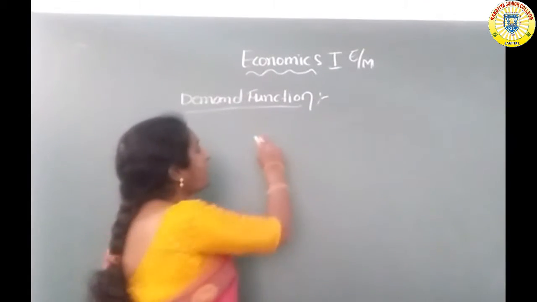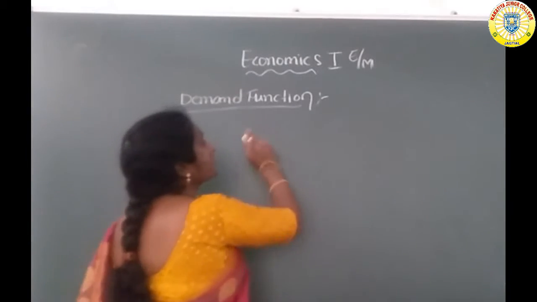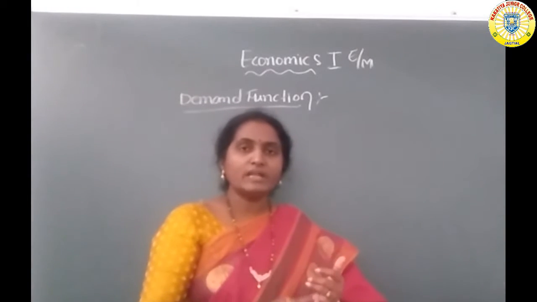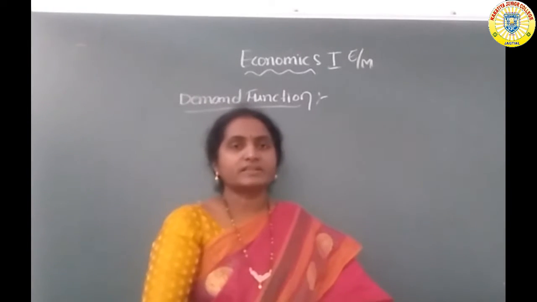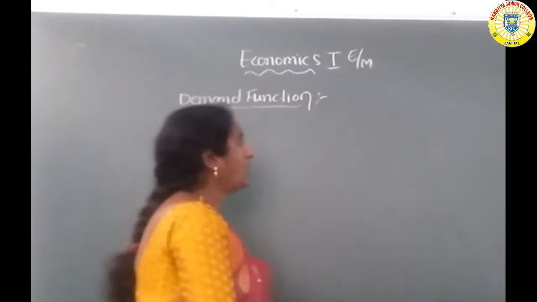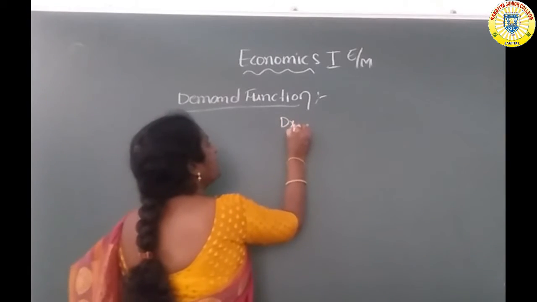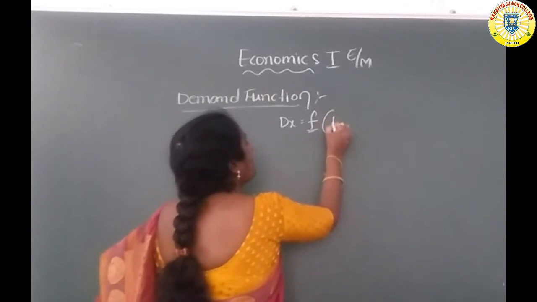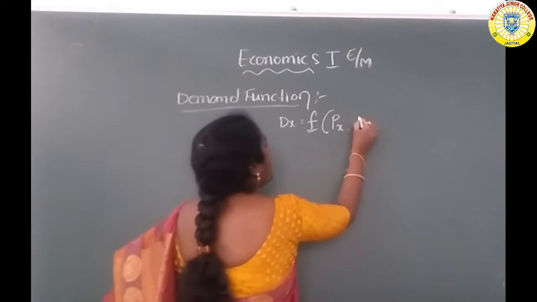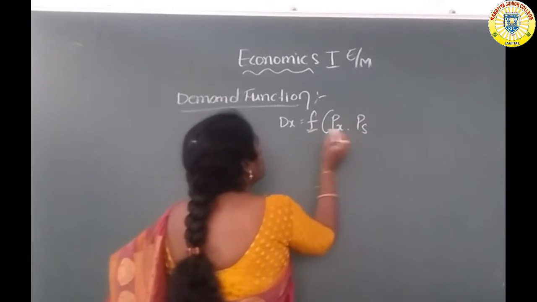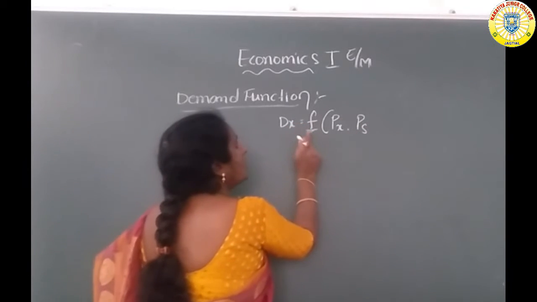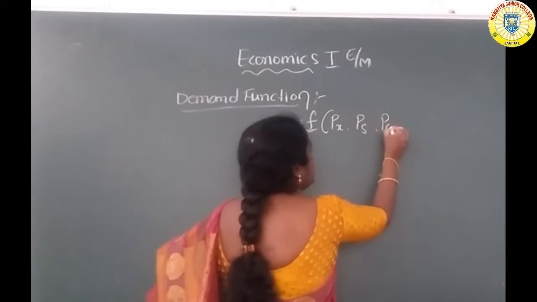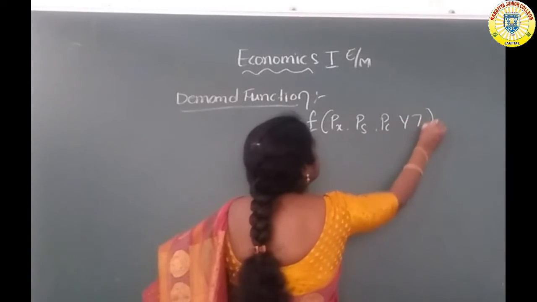Here the demand function refers to the functional relationship between the quantity of demand and the determining factors of demand. Here Dx is equal to f of Px, Ps, Pc, Y and T.